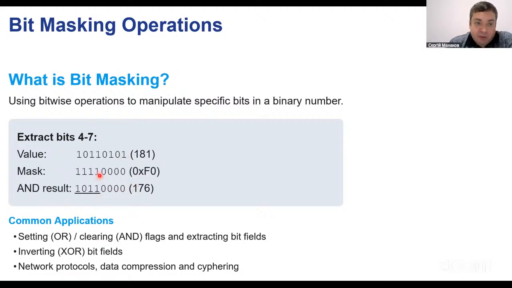And only the bits that contain ones in the mask will repeat our initial bits. So now we get these bits from 4 to 7, and we have zeros in the rest. We just don't need them. This is the masking operation with AND.